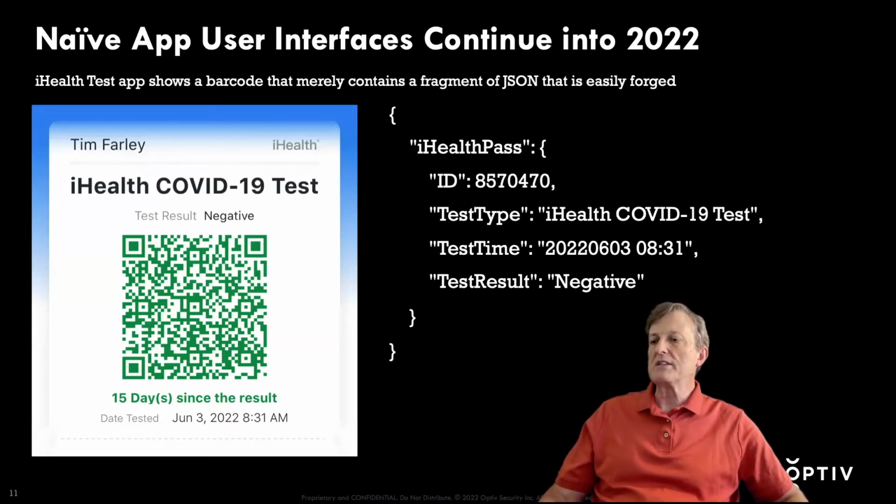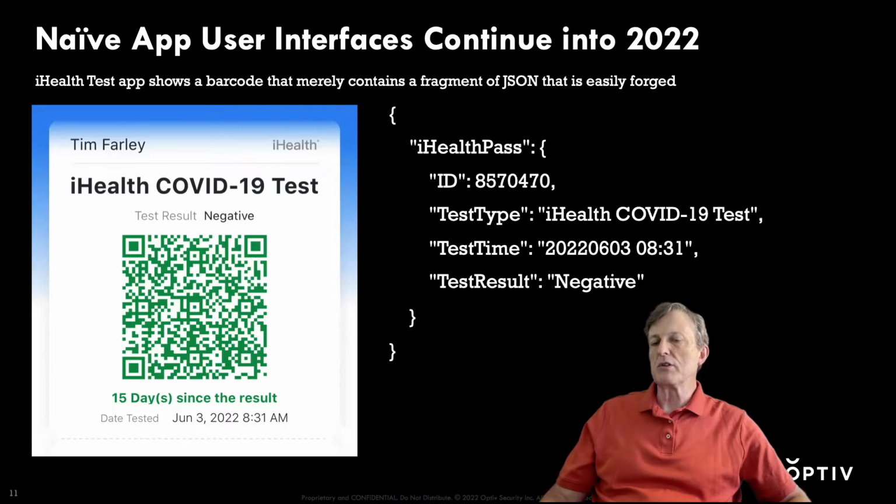It displayed this barcode, and I thought, oh, well, that's fancy. I wonder who can scan this barcode and what's in it. You scan the barcode, and all that's in it is this little piece of JSON, and obviously it doesn't have my identity. It just has an ID number, who knows what that is, and a date, and it's eminently forgeable.